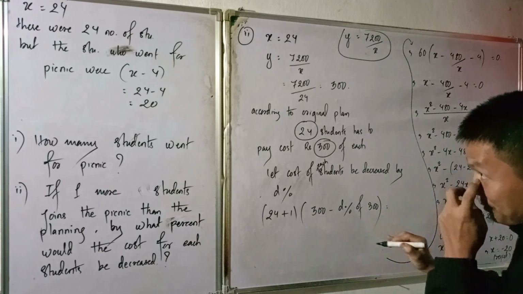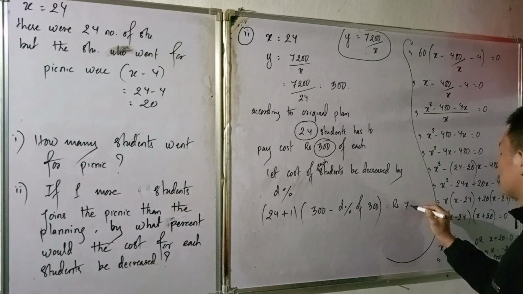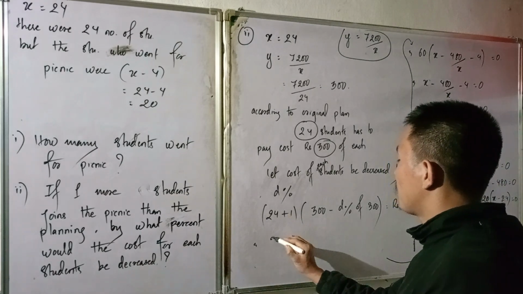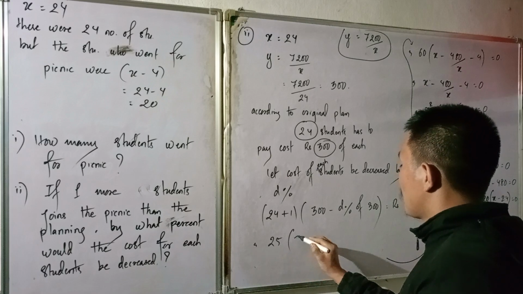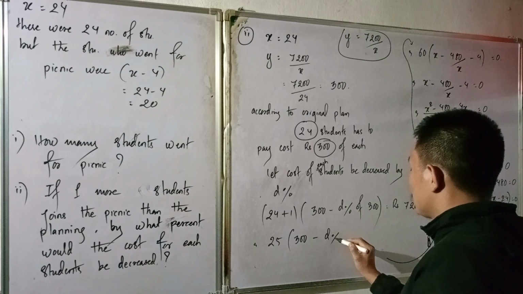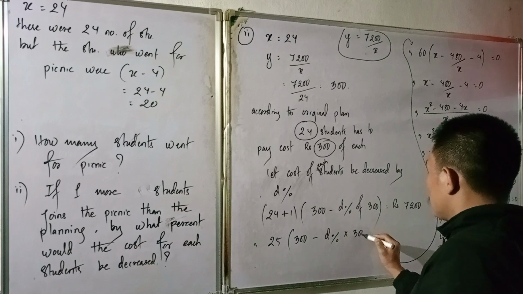So the cost will be 7200 divided by 25. Now you simplify. This becomes 300 minus d percent of 300, where you replace 'of' by the multiplication sign.